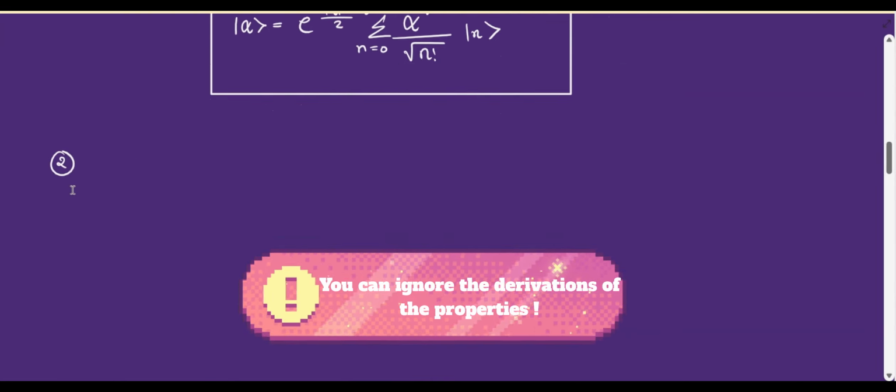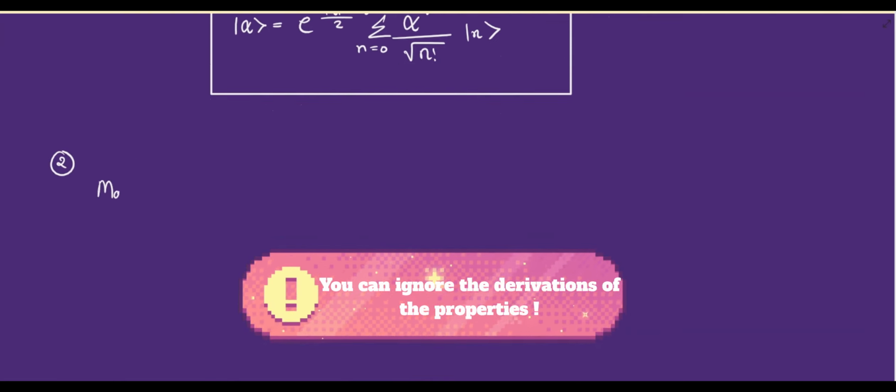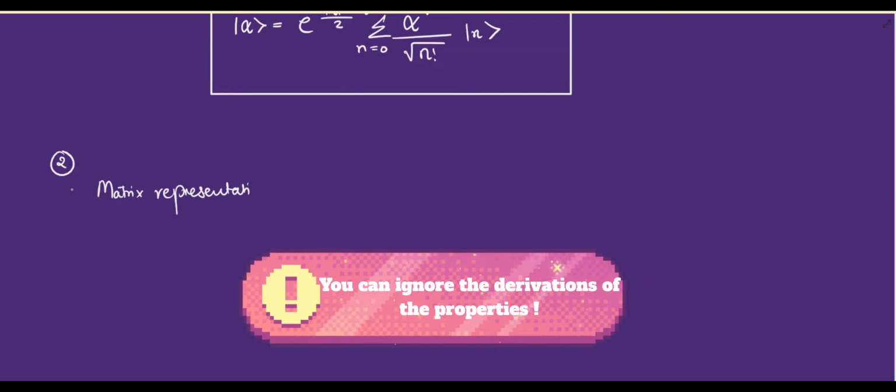The second thing is that let's write this coherent state in matrix representation.